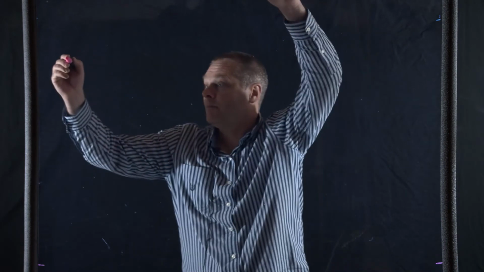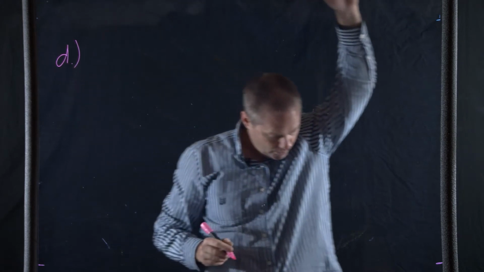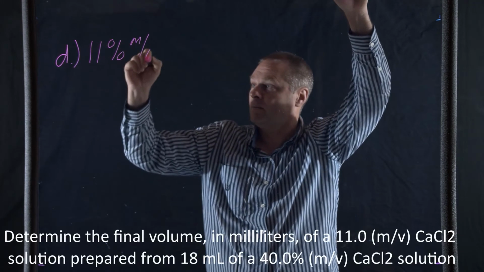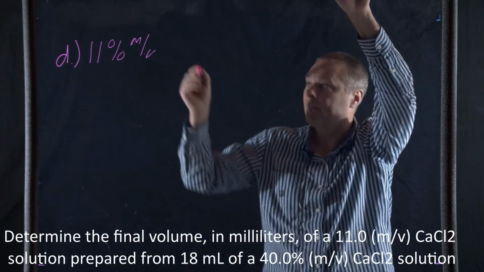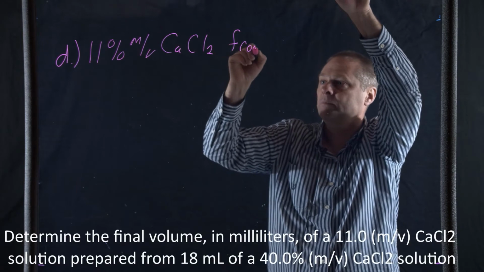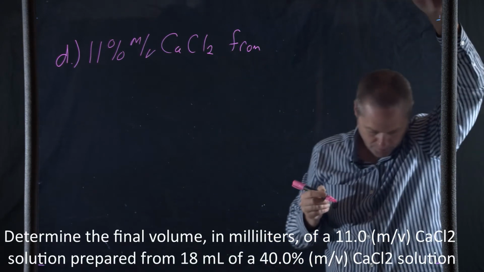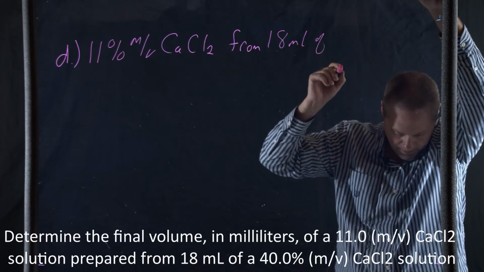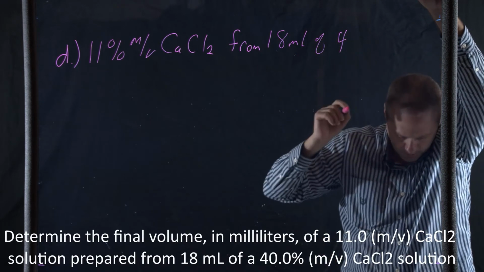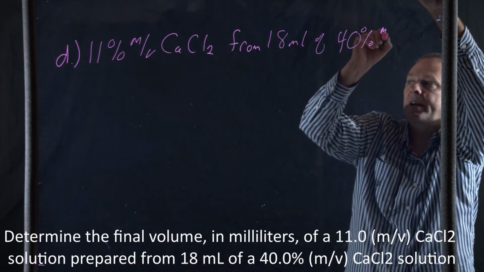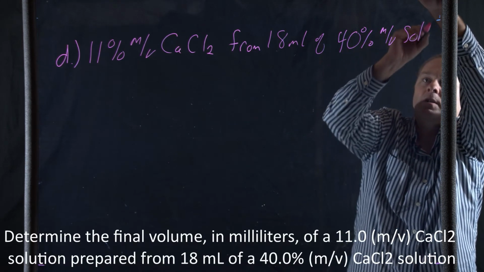All right, D. Okay, and we're going to have 11% mass by volume of calcium chloride, and this comes from 18 milliliters of a 40% mass by volume solution.